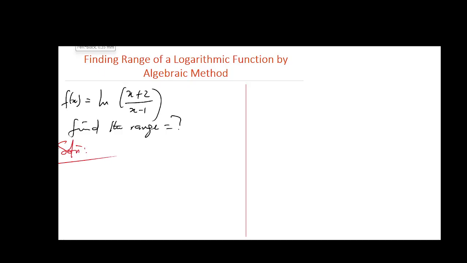All right, if we go ahead to solve this in terms of y, we are going to have that y is equal to ln of x plus 2 all over x minus 1.